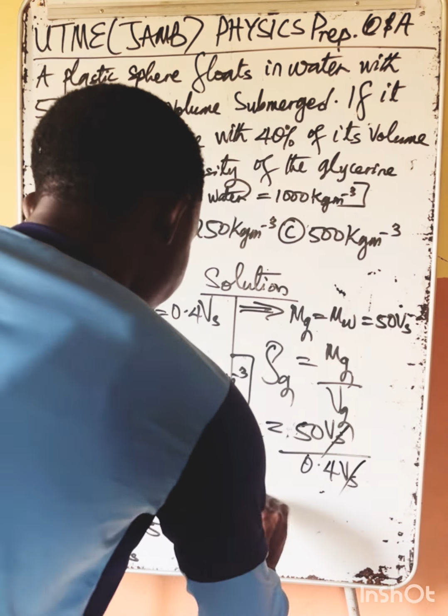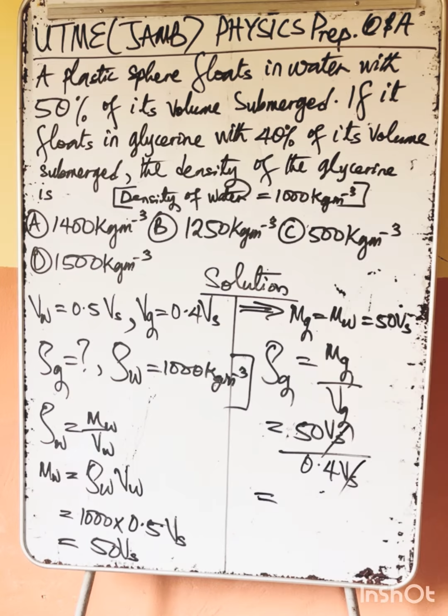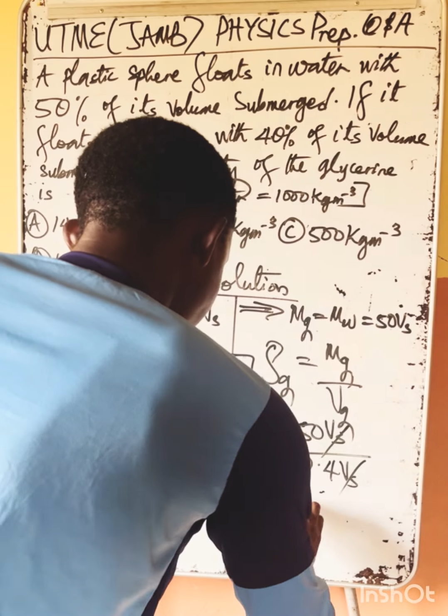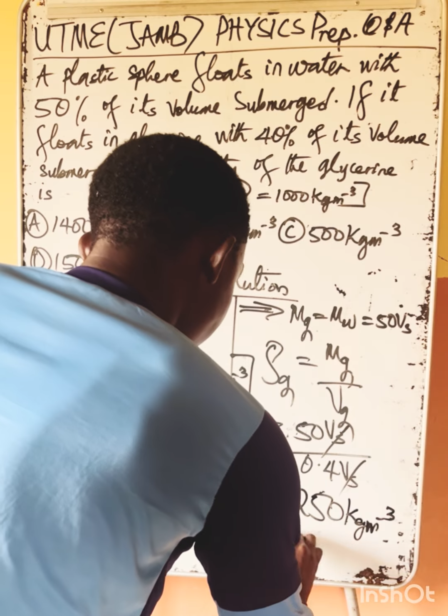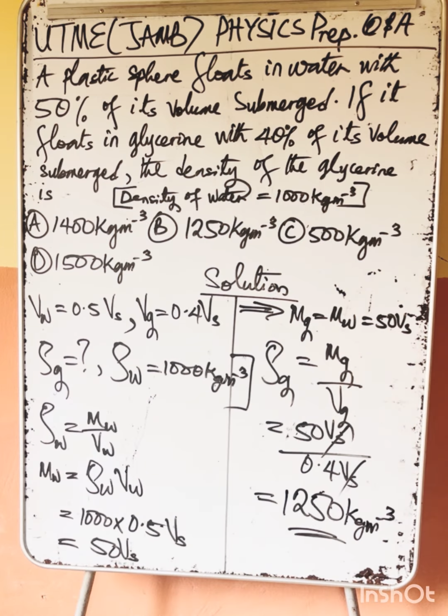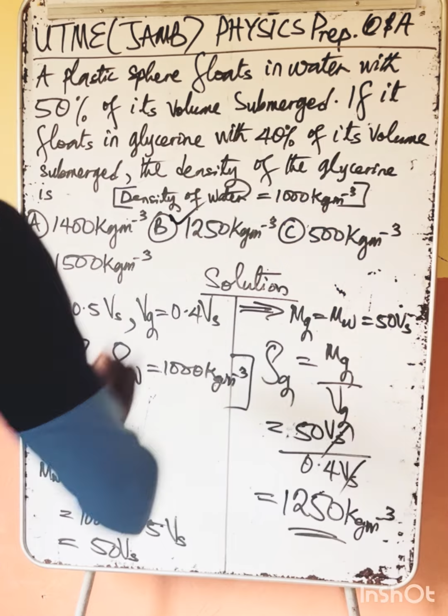So 50 divided by 0.4 would give us 1,250 kilograms per cubic meter. It is this simple. So from our options, our answer is B.